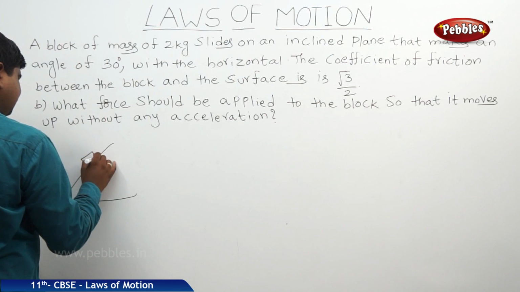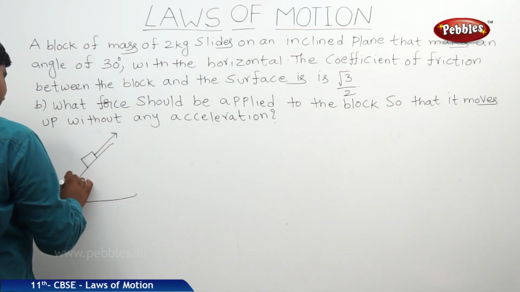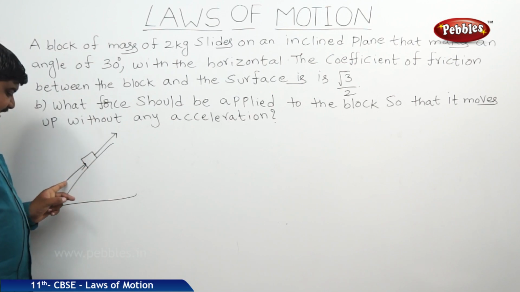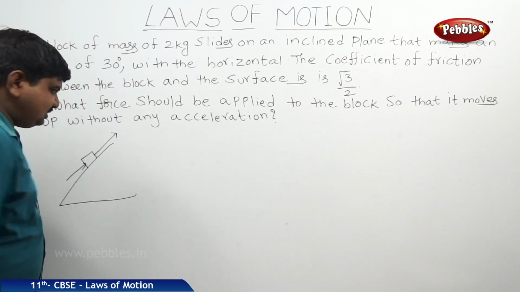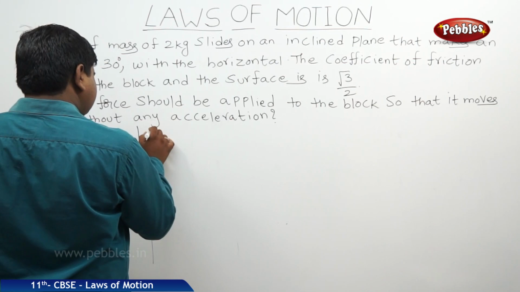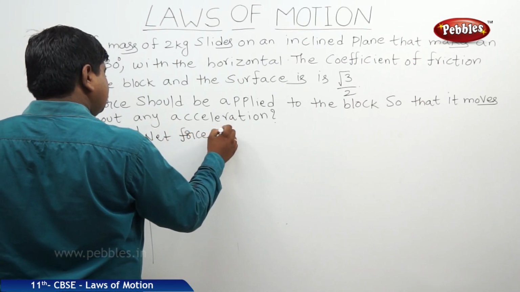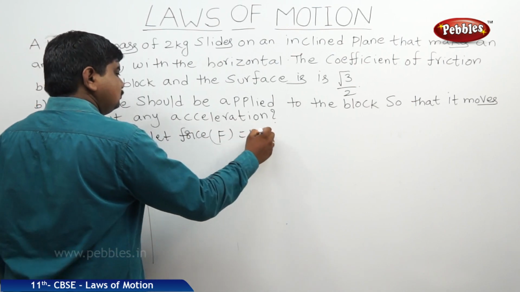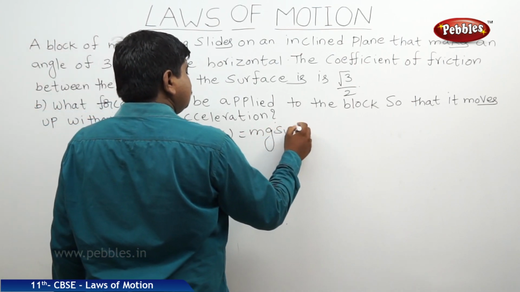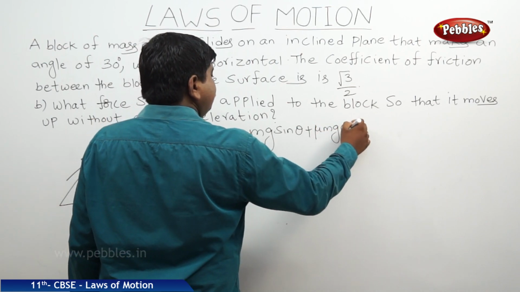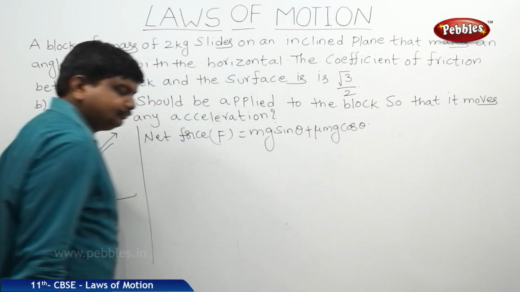But if the body is moving up, this is the case. Taking both directions, the net force should be equal to mg sin theta plus mu mg cos theta.